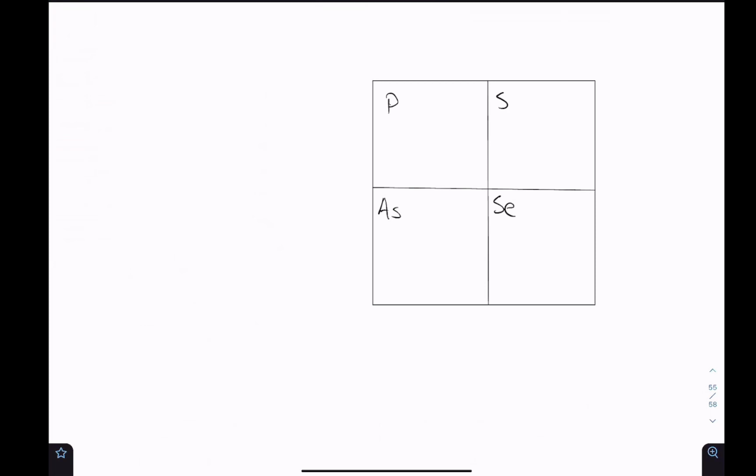These four elements all form oxyanions with an ATE form that has 4 oxygens. If this is the base form, this is going to be PO4, this will be AsO4, this is SeO4, this is SO4. Those will be phosphate, sulfate, arsenate, selenate. Four of them in this box, 4 oxygens each.